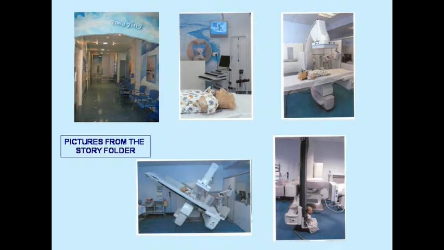And this is the environment in which we do the urodynamics. On the top left-hand corner is the entrance to the unit, and subsequently the processes of tilting the table, etc., are introduced to the child.